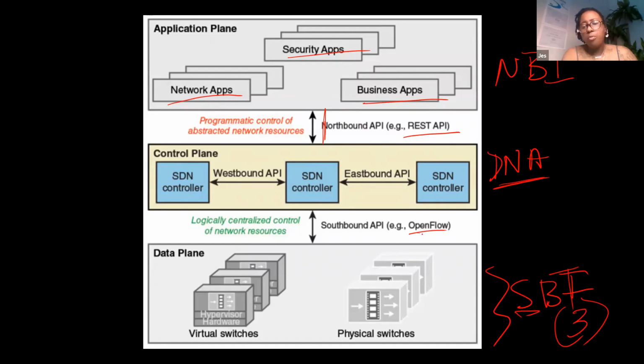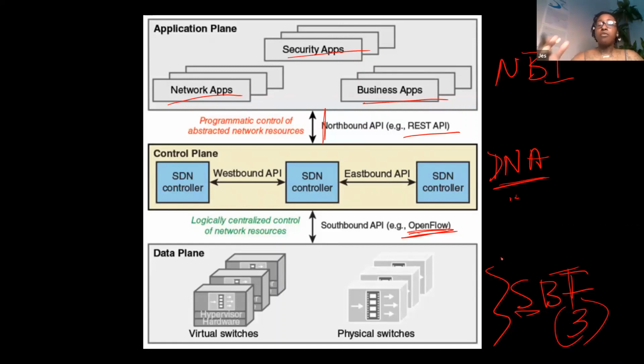But OpenFlow is one of the ways you can do it. There are other ones like NETCONF and OpenConfig or something like that. But I do know OpenFlow is a pretty wide standard, so I believe that's probably why they gave us that example. But regardless, that's how our DNA, our control plane, is going to control our data, which is through our southbound interfaces. Okay, that's how it is in a nutshell.